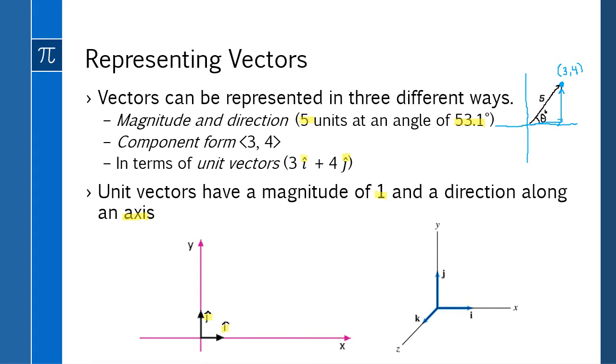So these are vectors that are 1 unit long, and the I unit vector is 1 unit straight along the x-axis. The J unit vector is 1 unit long straight along the y-axis. So when we think about component form being 3, 4, you could also think of that as being 3 times the I unit vector plus 4 times the J unit vector.